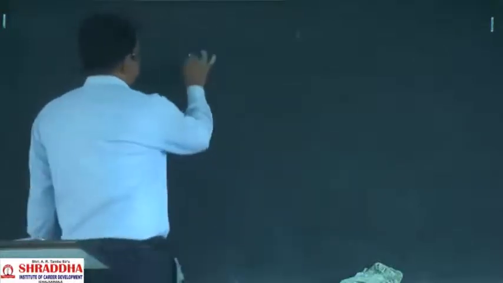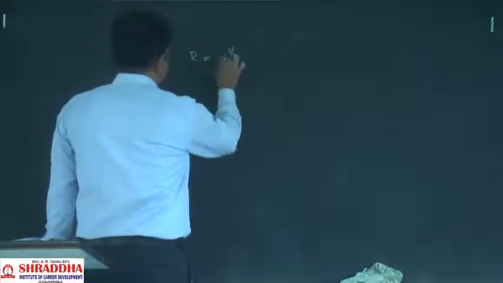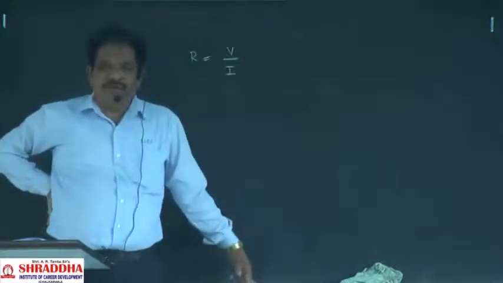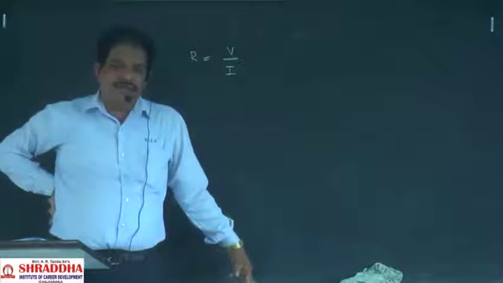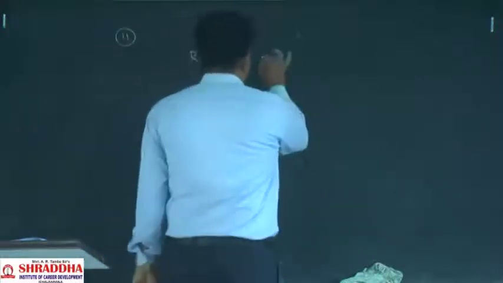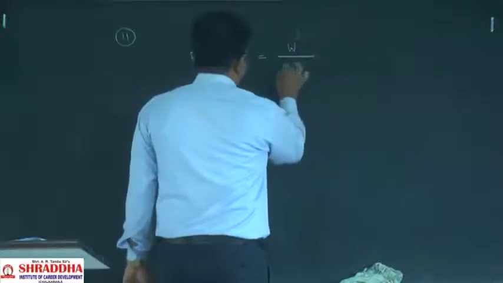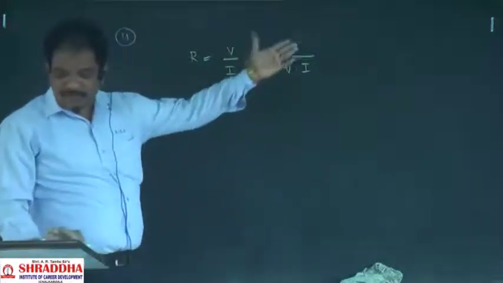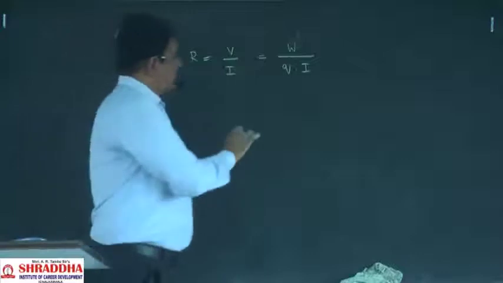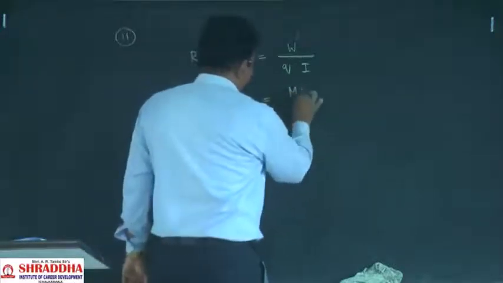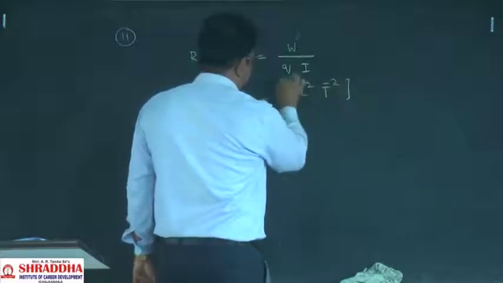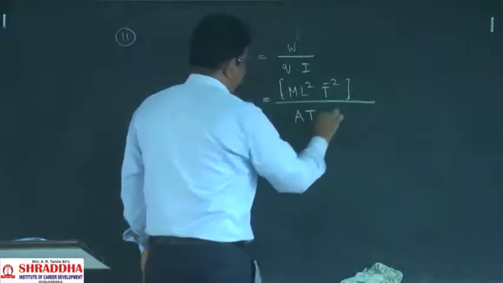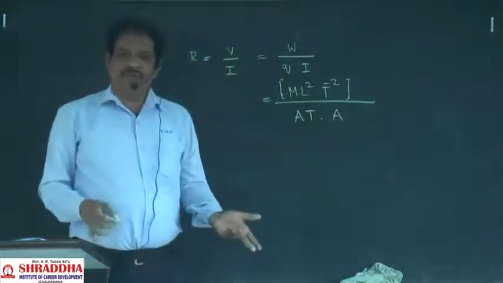Electric resistance formula R is equal to V by I. V will be called potential difference. I is the current. So V value will be W by Q into I. Okay. Then substitute the dimensional formulas. What we will get? Here work done dimensional formula M L square T power minus 2. Charge is I T. We can use I, we can use A, anything.